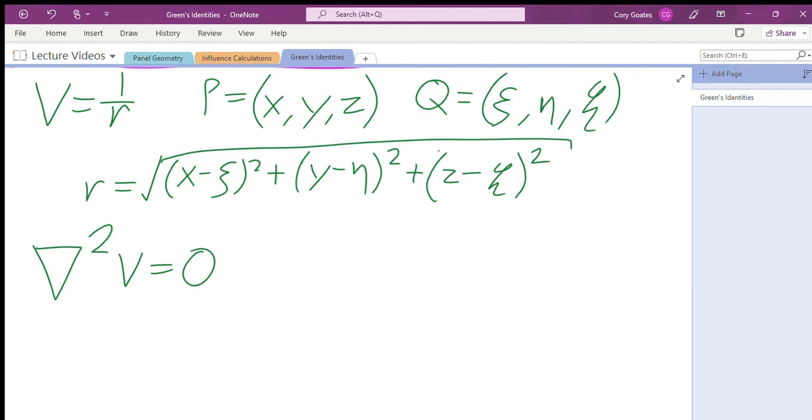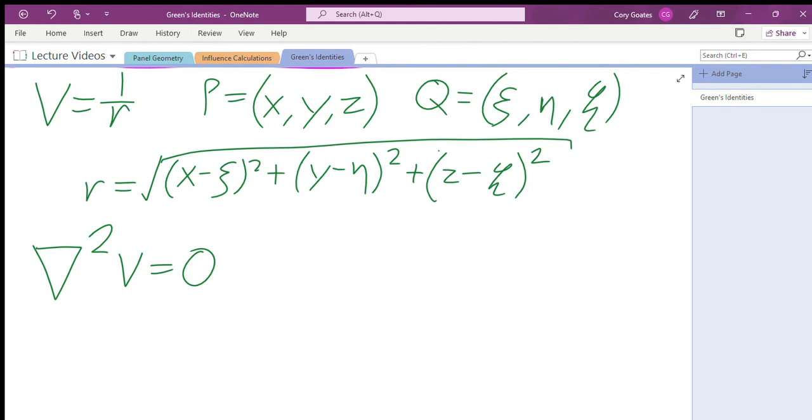As a note, if a function satisfies Laplace's equation, we call that harmonic. So if you hear me mention harmonic functions, a harmonic function is just any function that satisfies Laplace's equation. Okay? Don't get too mixed up in the definitions. So now let's try and plug this back into Green's second identity. The only problem is that we can't consider the point where P equals Q, because then r equals 0 and v blows up.